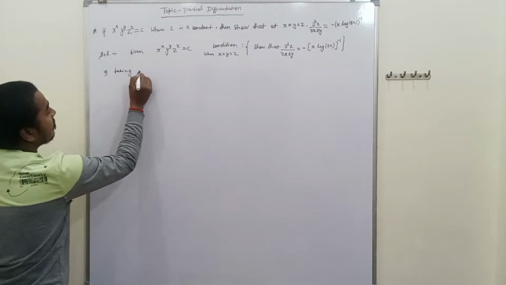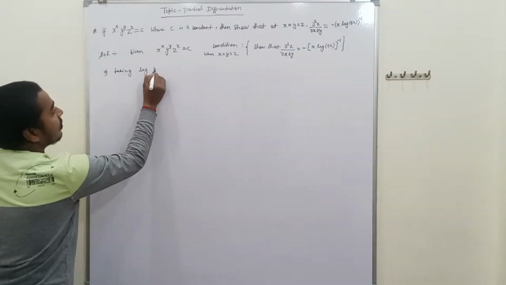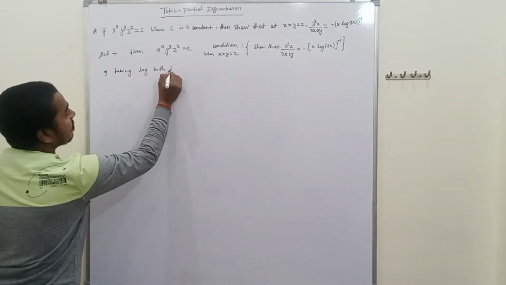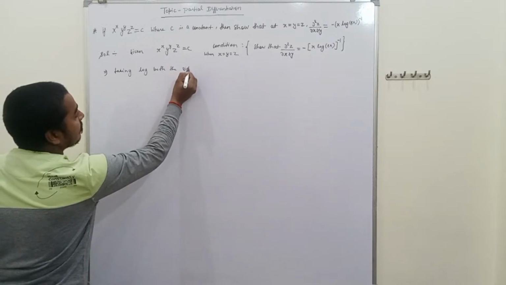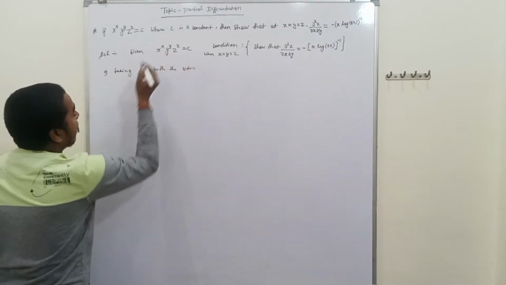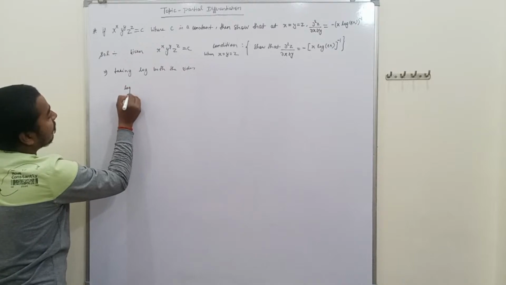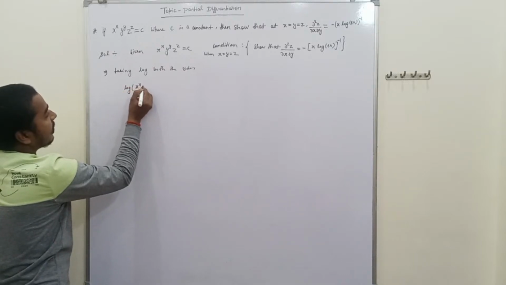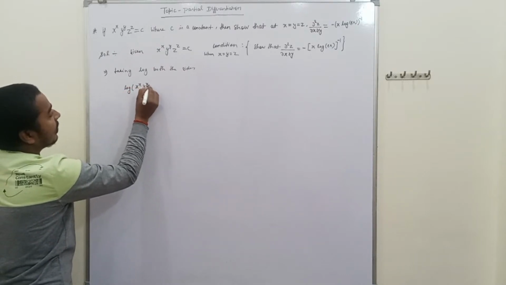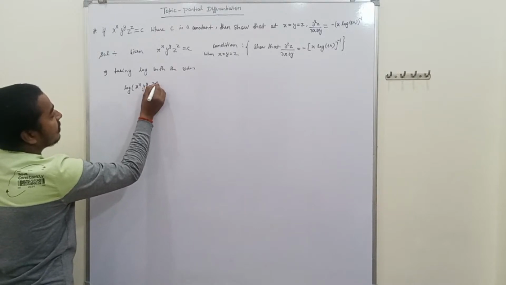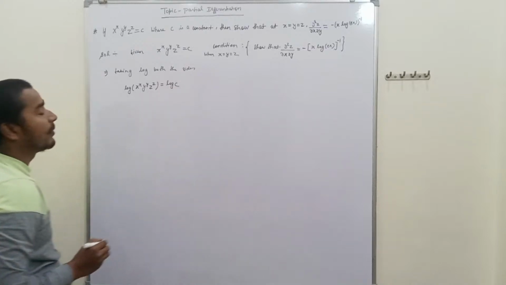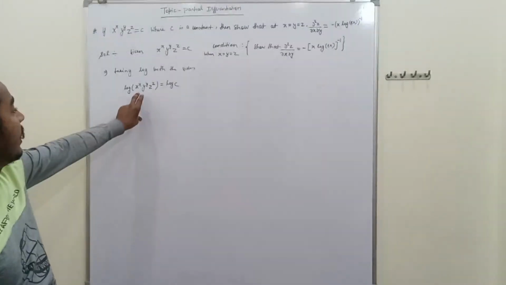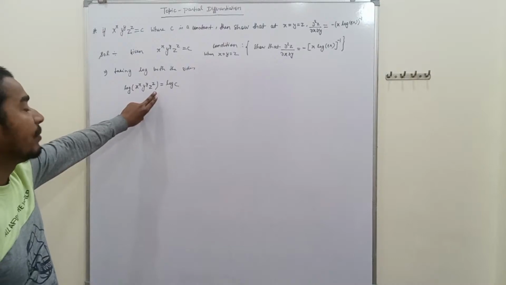Taking log both the sides, that is log of x^x, y^y and z^z is equal to log c. We know the property of log: log of m into n is log m plus log n.